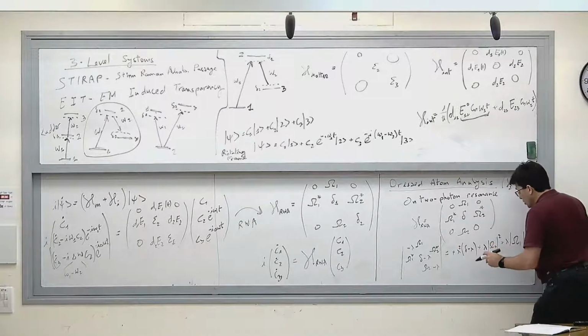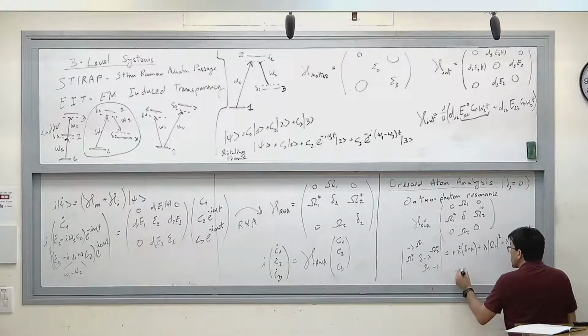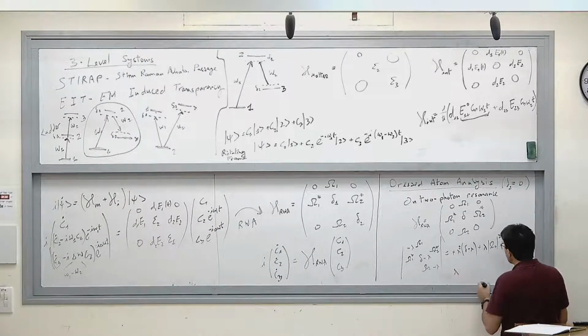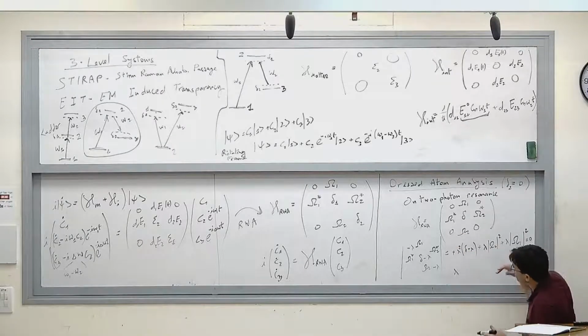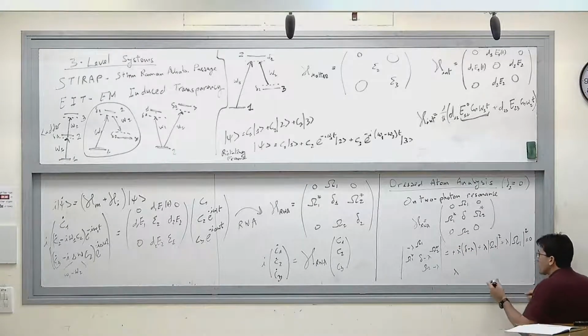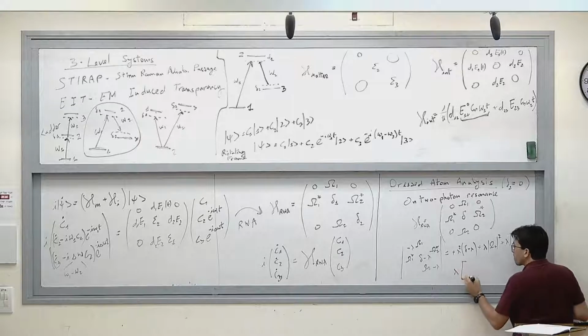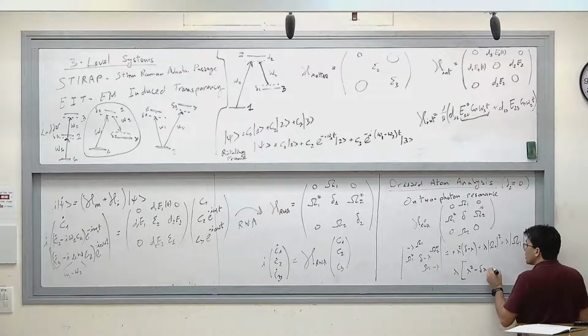Convenient. So what do we get? We get here lambda. And that's it? Yeah, the last one is 0, so never mind. So we have lambda times lambda squared minus delta lambda, no, not delta lambda, just delta.